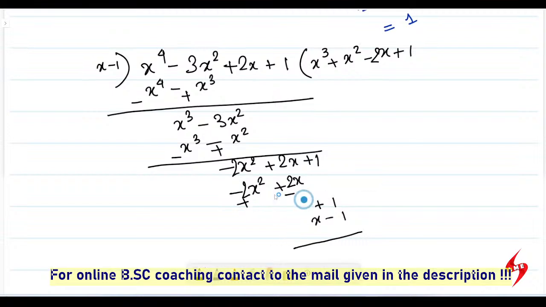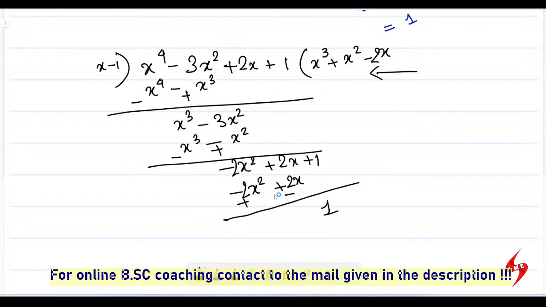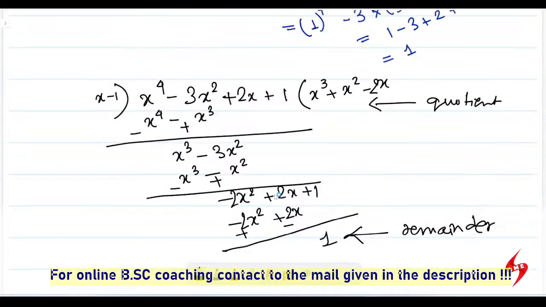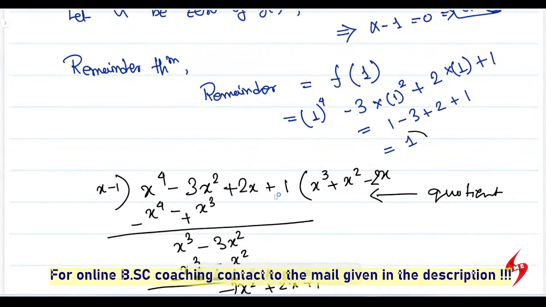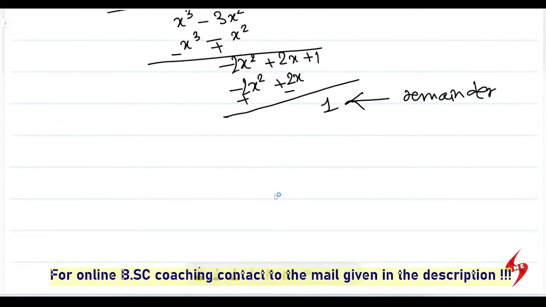Sorry. The remainder will be 1. Yeah, fine. So this is the total division, and here this is the quotient, and this is the remainder. So here you can see the remainder theorem, the remainder and this are same, so verified.